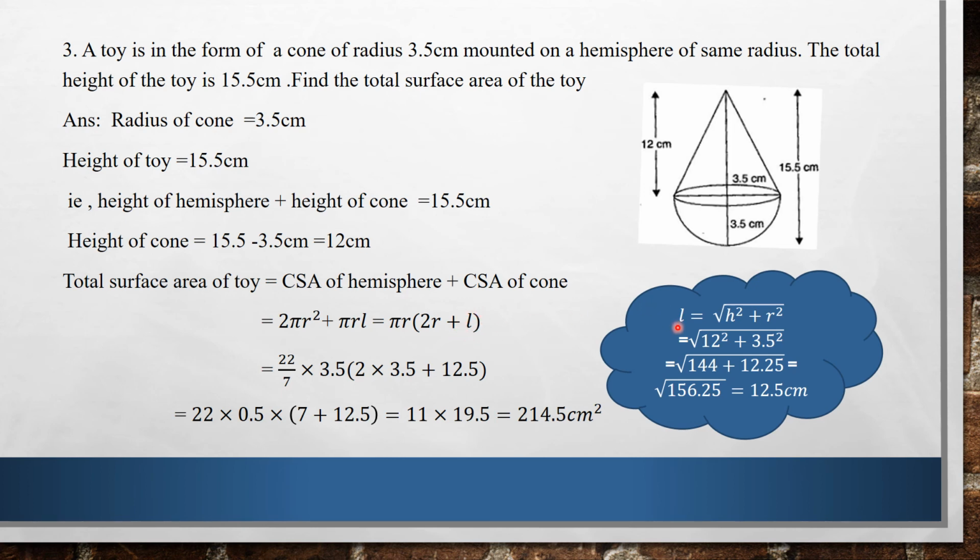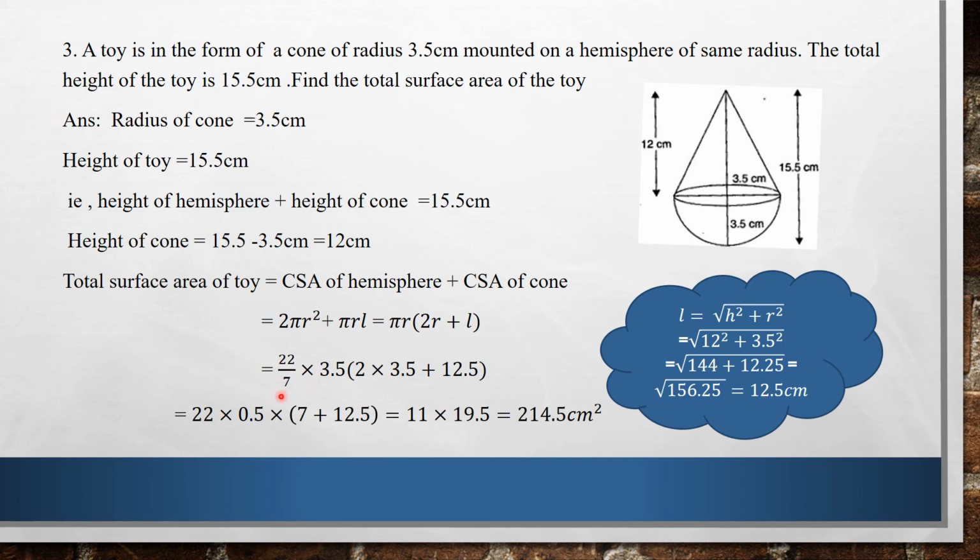To find the slant height of the cone, we have to apply the Pythagoras property, which is equal to square root of h square plus r square. h is equal to 12 and r is equal to 3.5. We can see it is 12 square plus 3.5 square, which is equal to square root of 144 plus 12.25 equal to square root of 156.25, and the answer is 12.5.